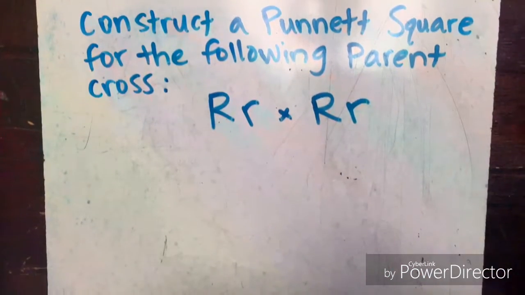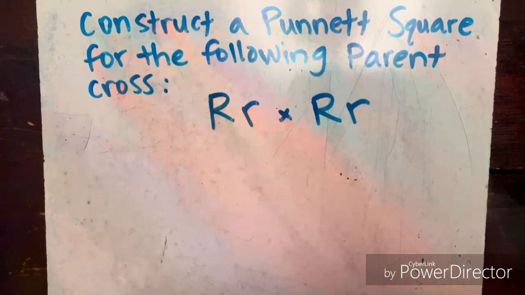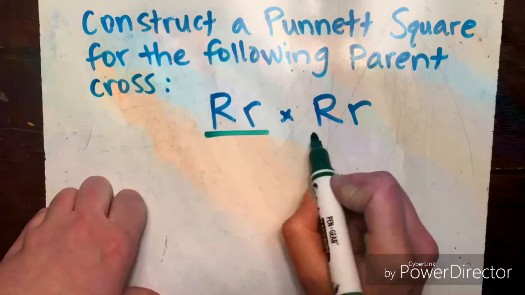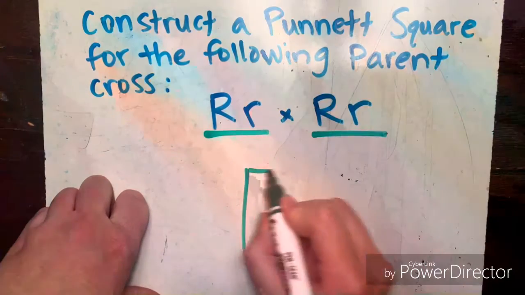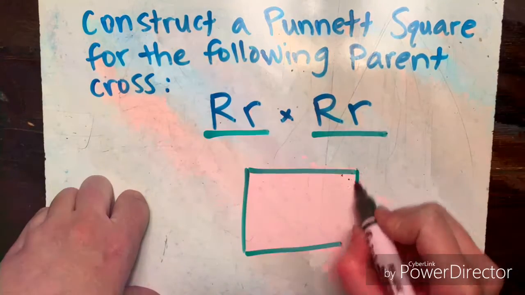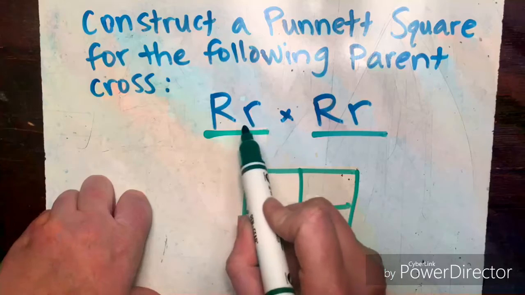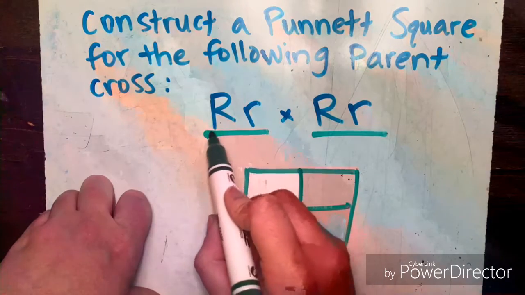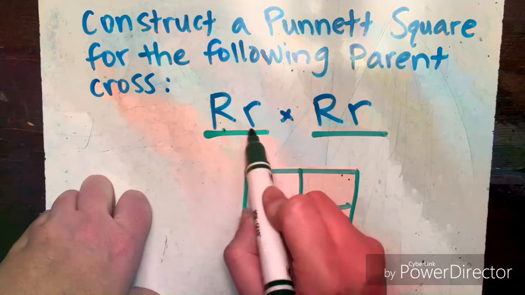Alright, so let's do an example. Say we were given this problem to construct a Punnett square for the following parent cross. This is one parent, this is the other. So we would set this up by doing a square with 4 quadrants. Since each parent can only give one allele, this parent, number 1, will be able to give a big R and a little r.